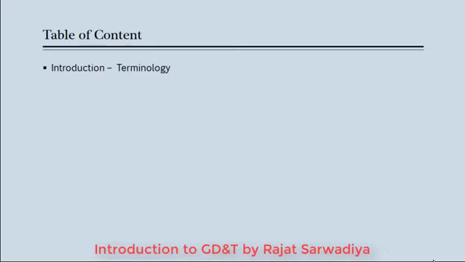The introduction will be related to the terminology of GD&T, the symbols, what are the symbols we have, their meaning, their uses, their application, etc. Then we will be covering the features and rules of GD&T. Actually, GD&T is applied on the features of a part or assembly, that we are going to discuss in detail. There are some thumb rules of GD&T. We will discuss that as well.